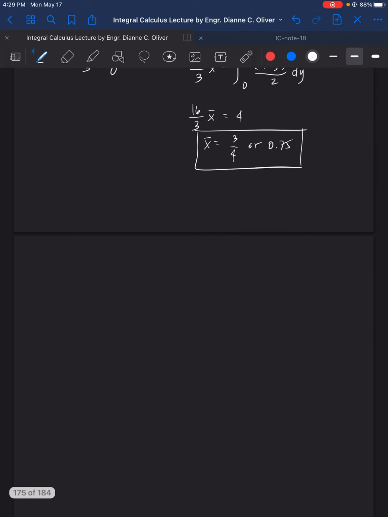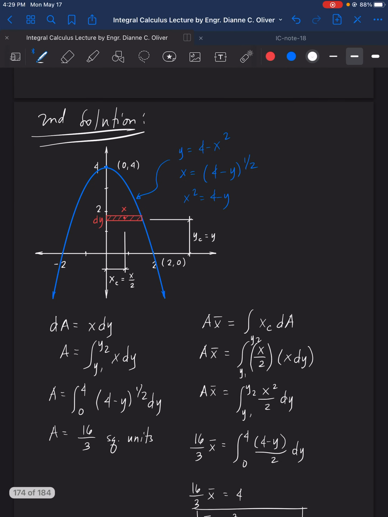Now for the y bar, we have the general formula A y bar is equal to integral of yc dA. So yc is the distance of the center of the area strip from the point of origin along the y-axis.